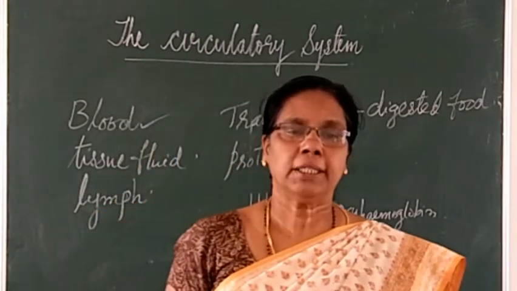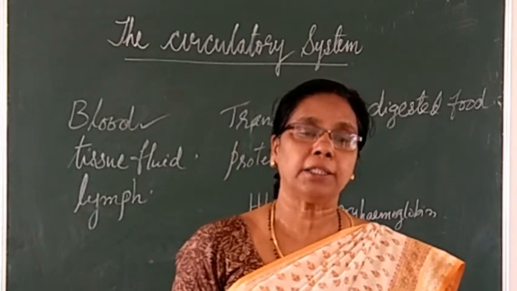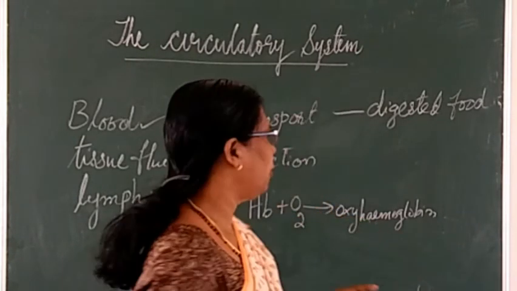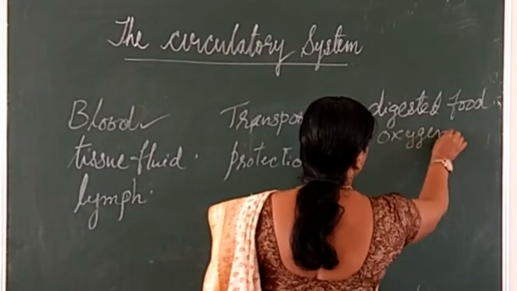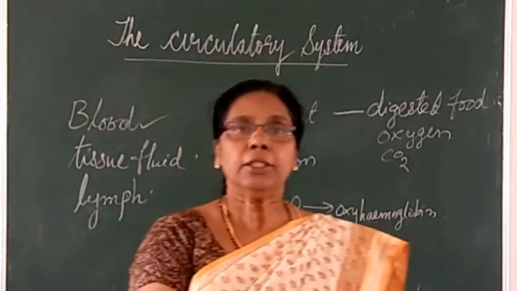This oxygenated blood has to reach all the parts of the body. So the second thing is transport of oxygen. The third thing is transport of carbon dioxide.